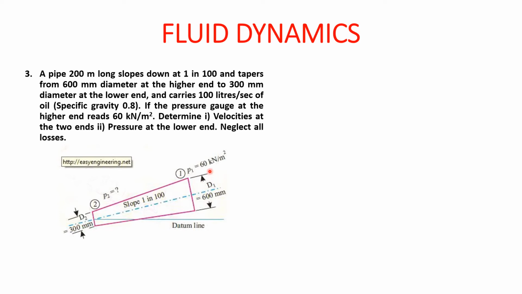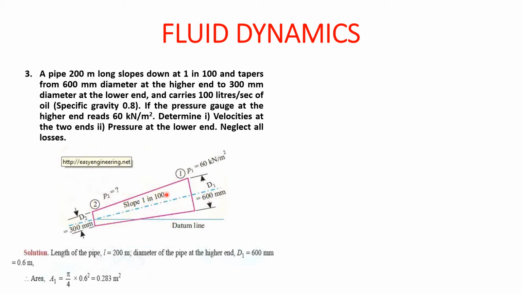Then P2 we have to find, diameter at the lower section is 300 mm, and the slope is 1 in 100, so that is the tapered slope which is given to us, and it is carrying an oil having the discharge as 100 liters per second and having specific gravity as 0.8.